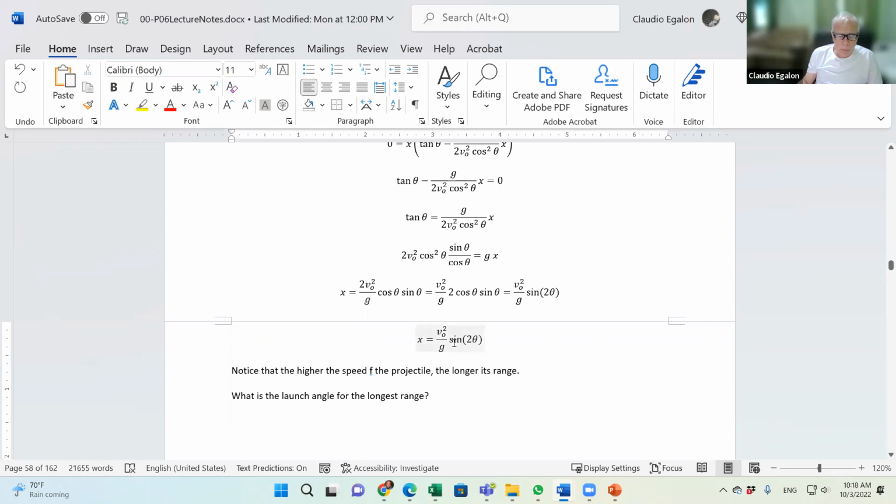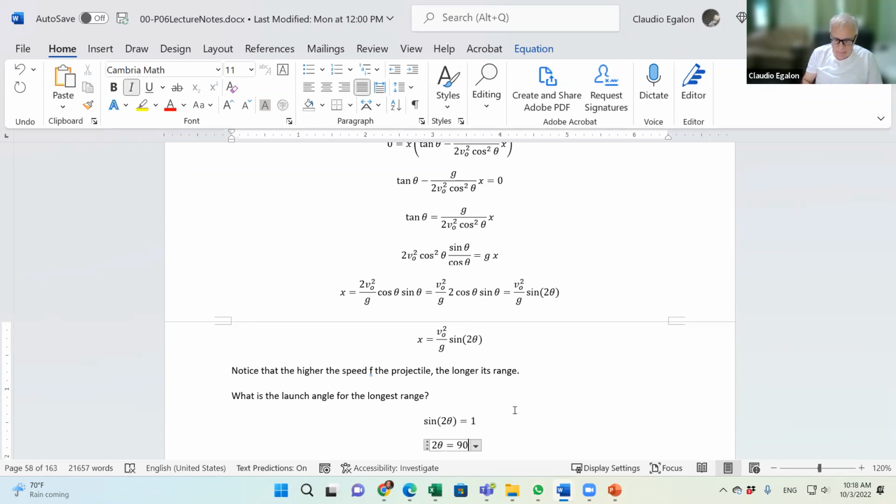Well, the longest range would be that one in which sine of 2 theta is equal to 1, right? Sine of 2 theta equal to 1. Now recall that in order for the sine of this angle here, 2 theta, to be equal to 1, it means that 2 theta must be equal to 90 degrees.